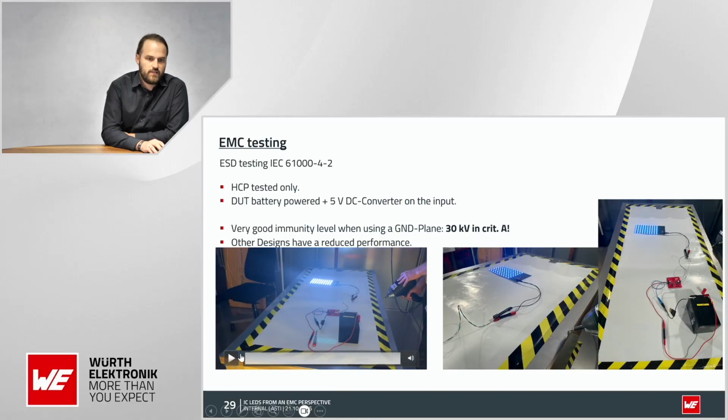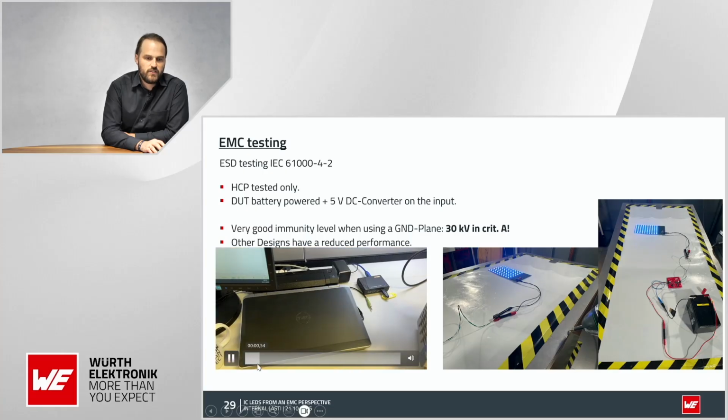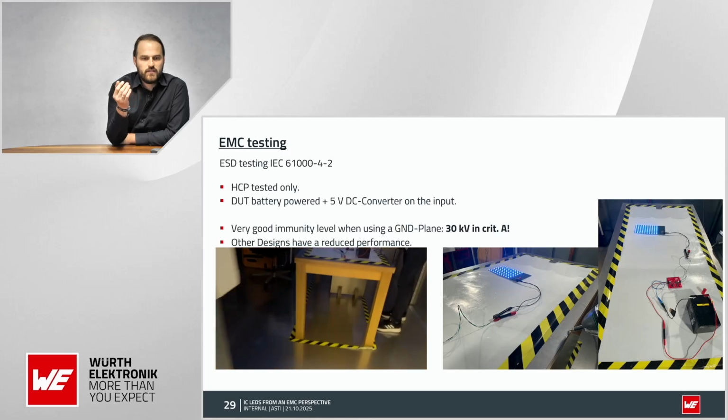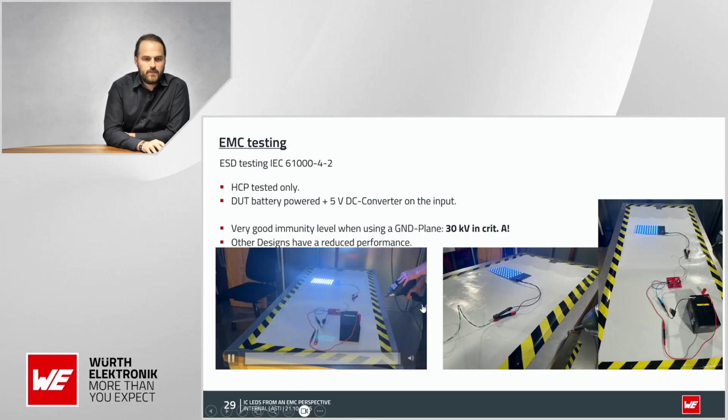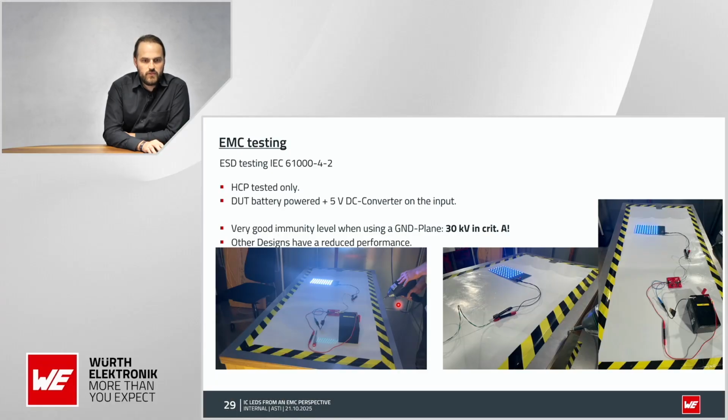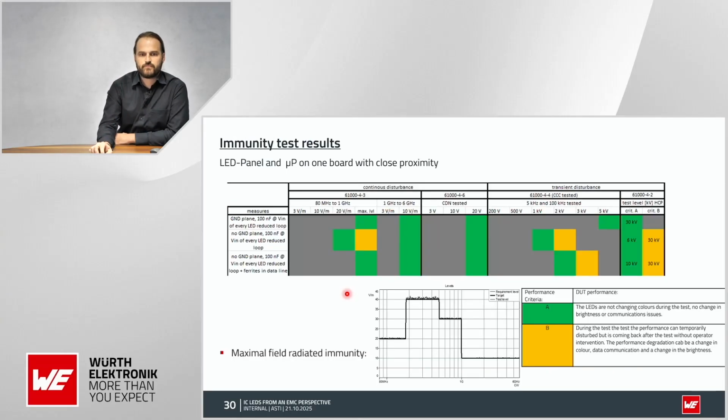You can see the LEDs are not flashing, the light is stable, but on the other side you can hear how the USB hub is disconnecting. So we can see when we do it right, we can get really good performance, and we can even see that other devices outside the shielded room are disturbed.